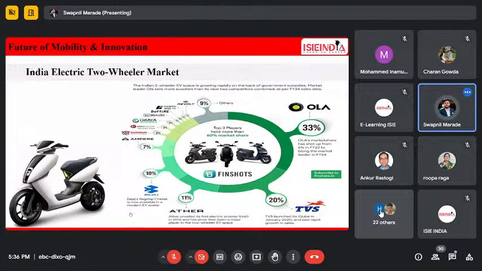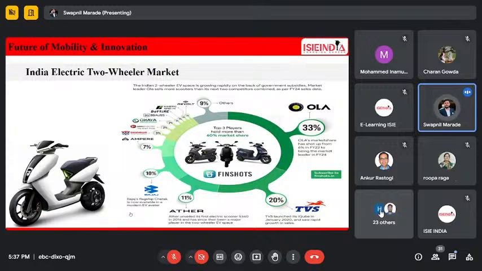And 10% is captured by the Bajaj Chetak, which is available in a modern EV avatar, right? Thereafter 7% is Ampere, and Okinawa, Hero Electric, Okaya, and Battery come in at 9 to 10%, right? So this is the electric vehicle market.